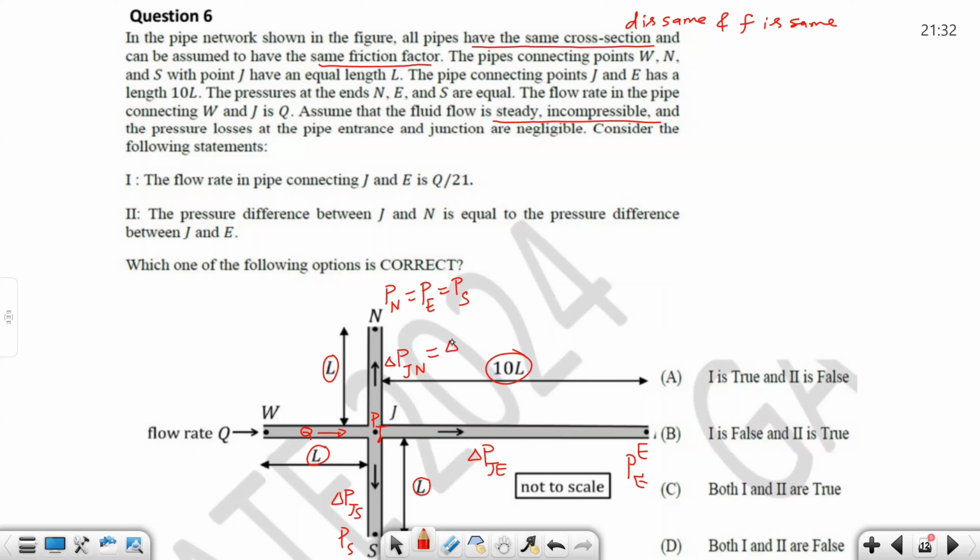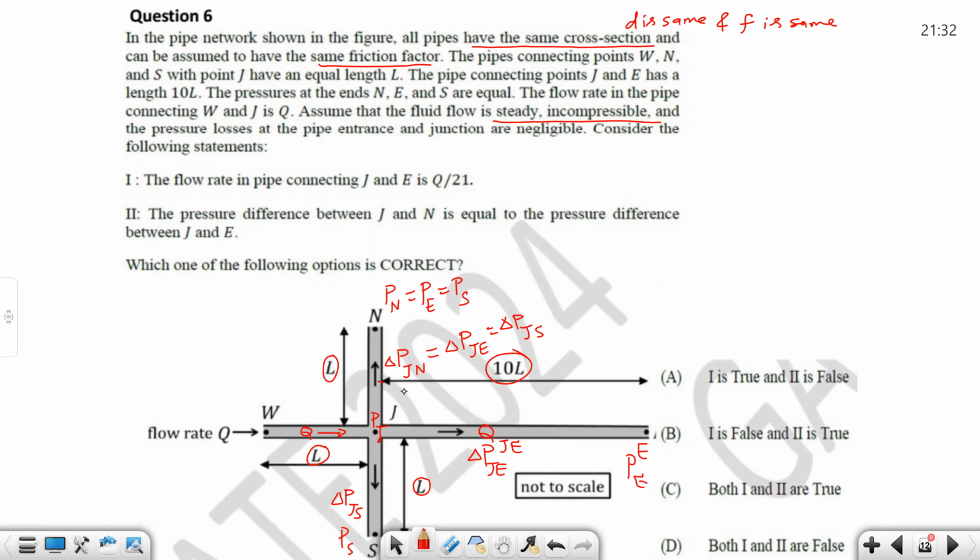So delta P JE is equal to delta P JS. All are equal. We want to find out the flow rate in JE.